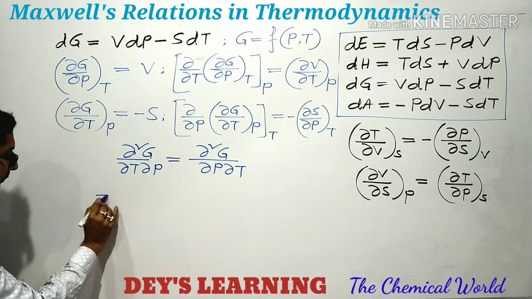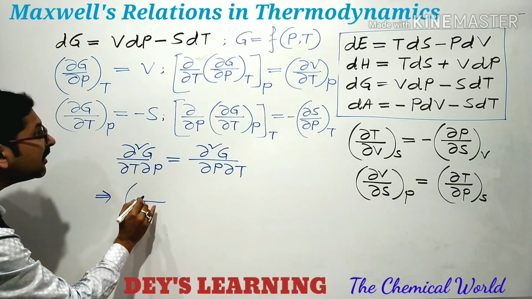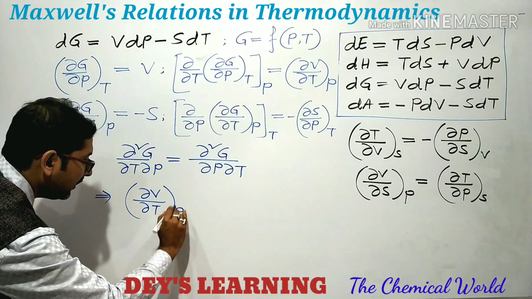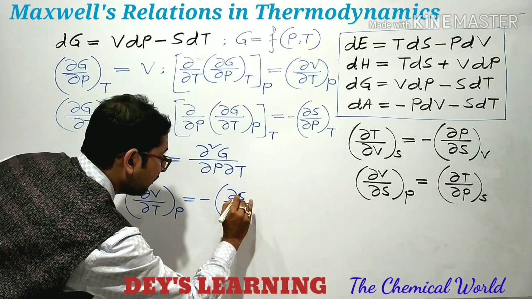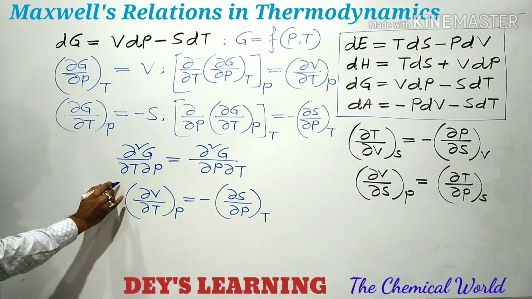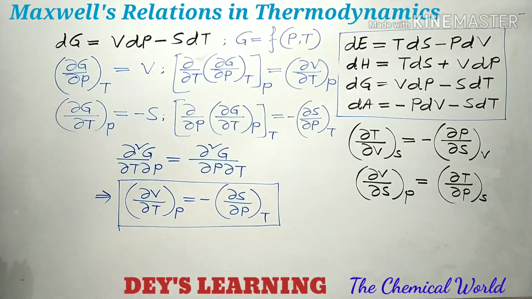So obviously the two right terms will be equal. That is (∂V/∂T) at constant P will be equal to negative of (∂S/∂P) at constant T. So this is the third Maxwell relation.